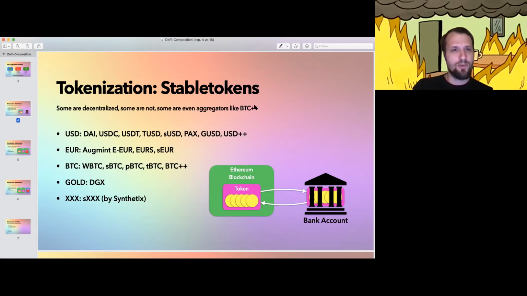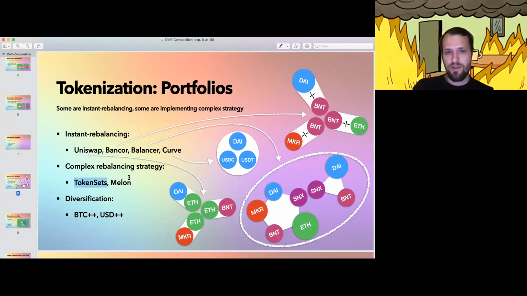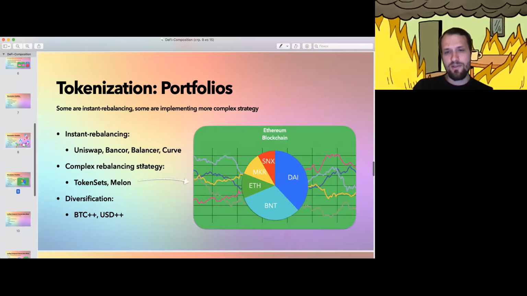Yeah, also maybe TokenSets. It's quite interesting. It is mentioned here. They have different strategies, and they have a USD Ether DAI token which flips on some RSI values, and it earns more than holding Ether.